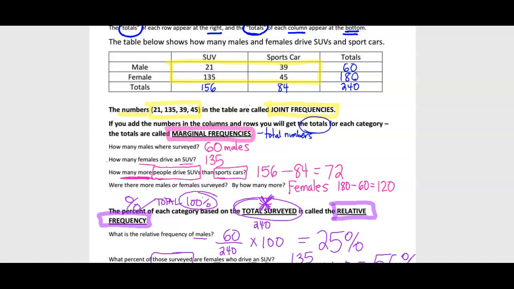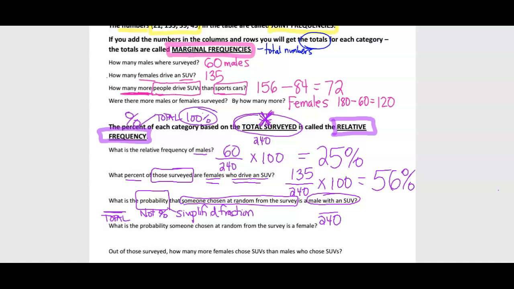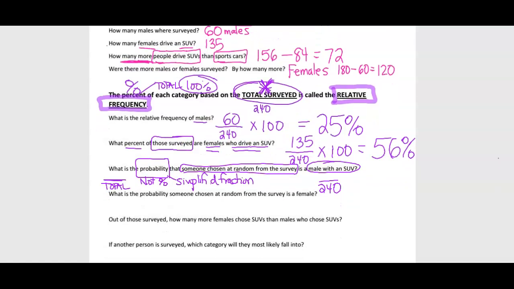You got your number? Males that have an SUV is 21. So what you're going to do right now, you're going to push green alpha, y equals, number 1, you're going to put 21 over 240, and that simplifies to be 7/80. The next one says, we'll go a little faster.